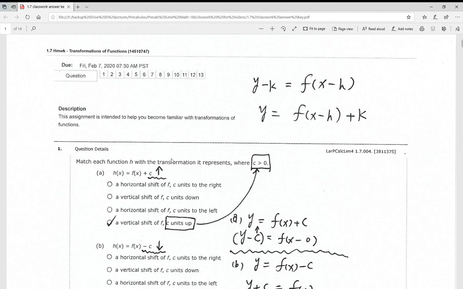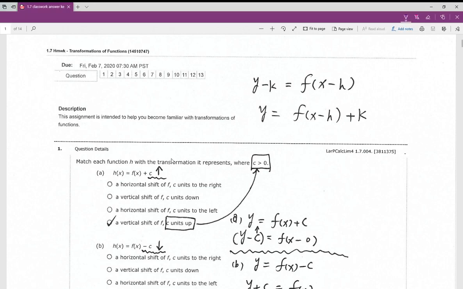Now, first, I think most of you probably still remember from algebra 2, you learn these two. These two actually are the same formulas. We call it transformation.